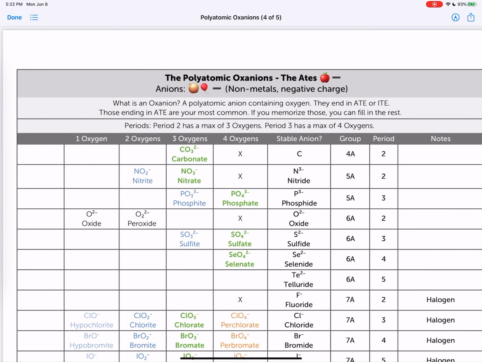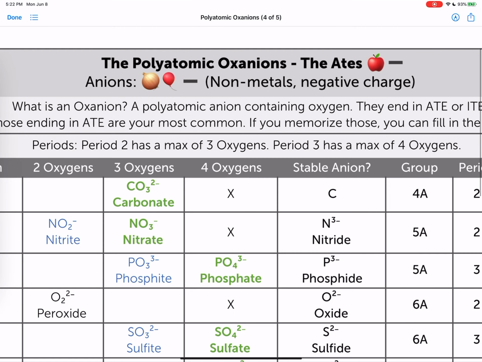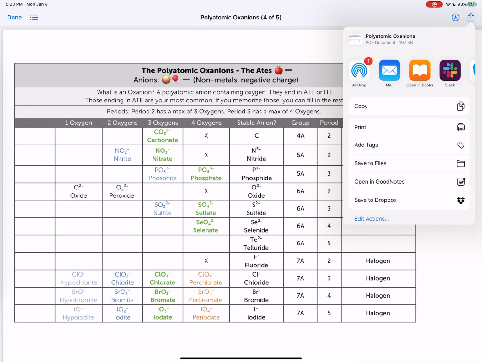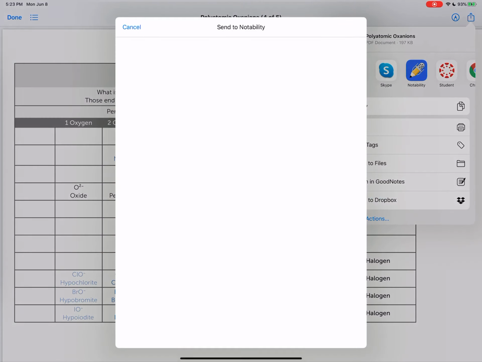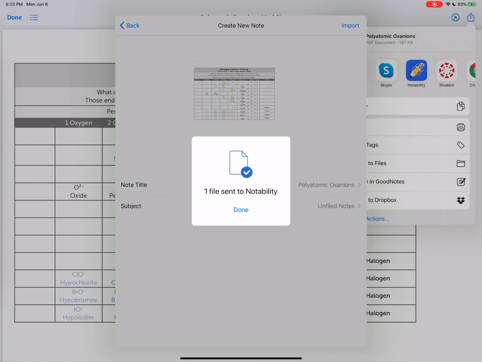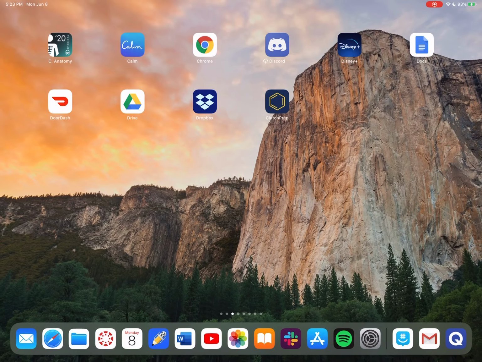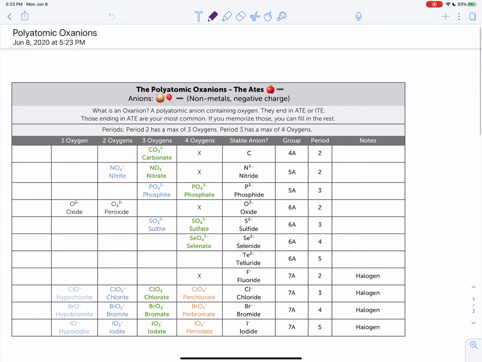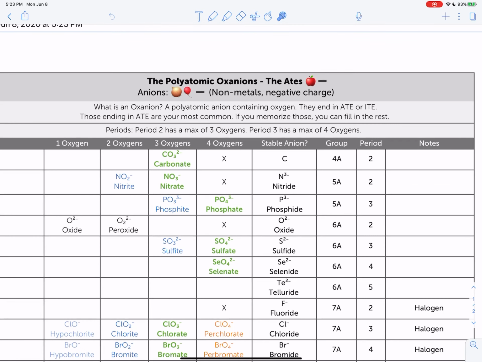So remember, what is an oxanion? It's a polyatomic anion containing oxygen. So everything in this chart contains oxygens. They end in ate or ite, okay.